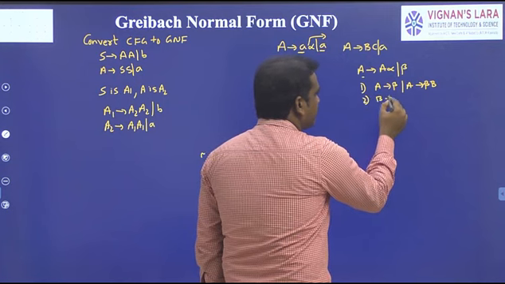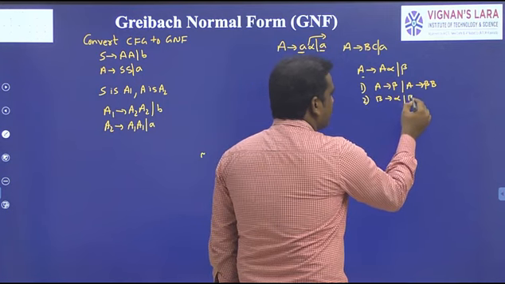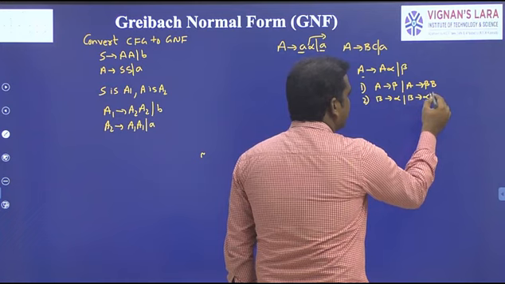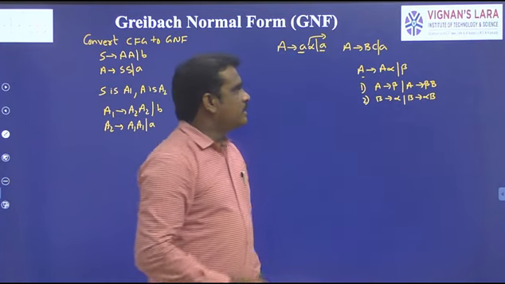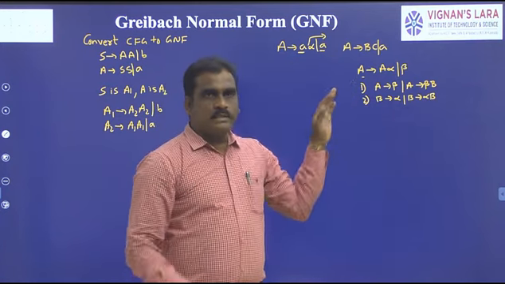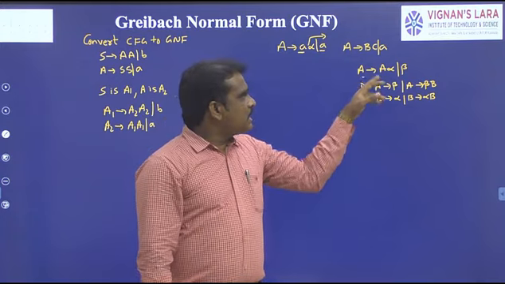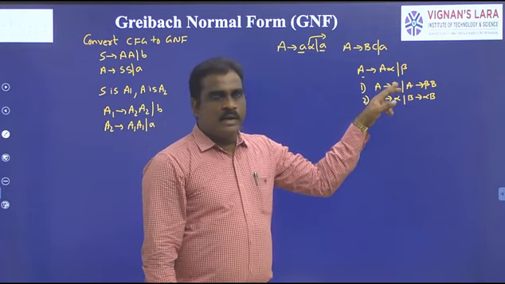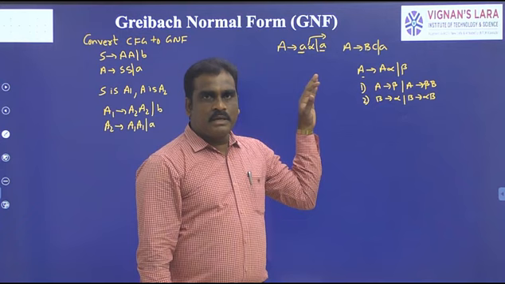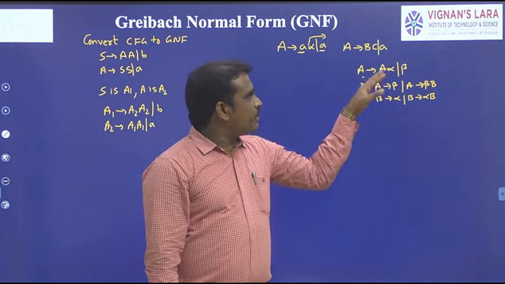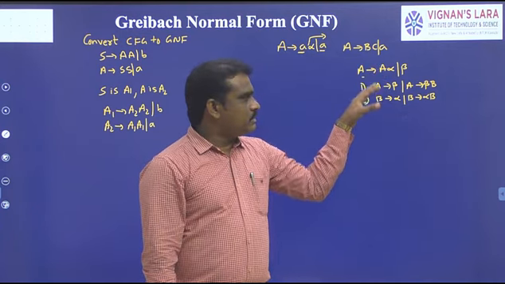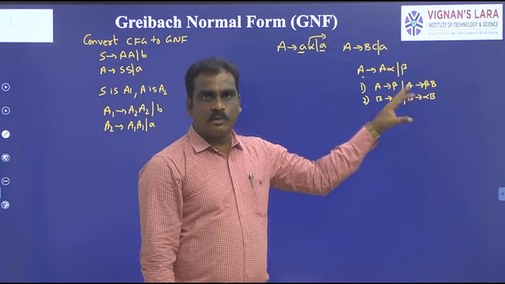B is nothing but alpha, the new variable. So first this grammar is converted into left recursion form. Once the grammar is in left recursion form, it is converted into these productions.